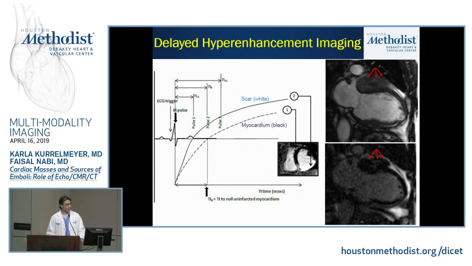What we do here is we use a particular sequence where we null the myocardium dark. So anything that then takes up contrast will be evidence of either some fibrosis, some scarring, or in the case of tumors, a mass. This is one other sequence that can be very helpful for us, and I'll show you more examples of that.